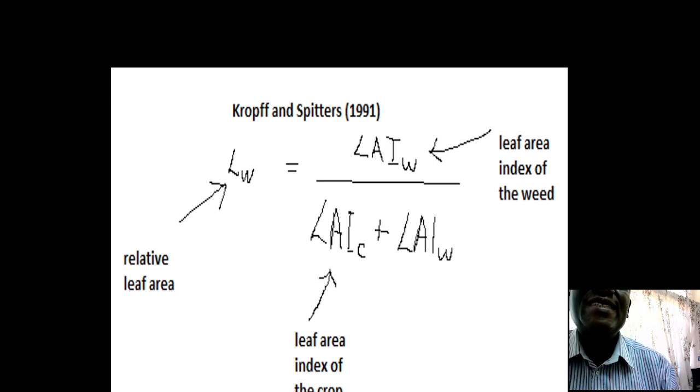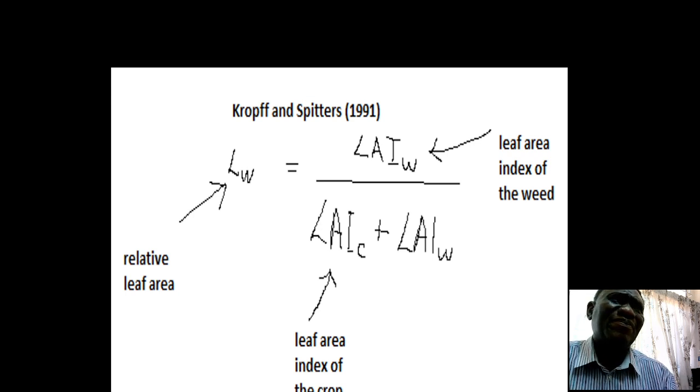Now, some people suggested that it's quite difficult to measure weed density. Probably it may be better to measure leaf area. You measure leaf area of the weeds and the leaf area of the crop. Once you have done that, you develop what is known as the relative leaf area, which we will use as a substitute for weed density. This was proposed by Croft and Spitters in 1991.